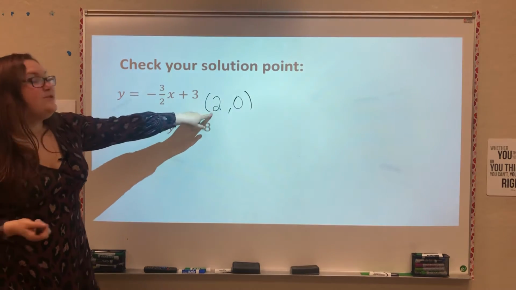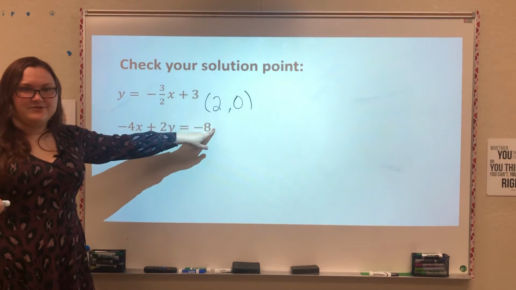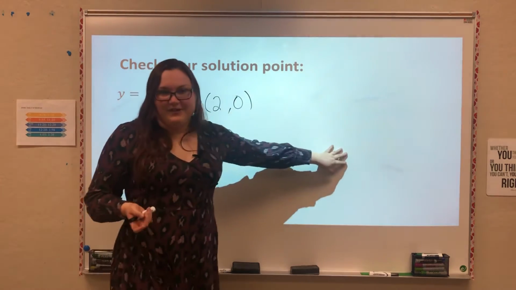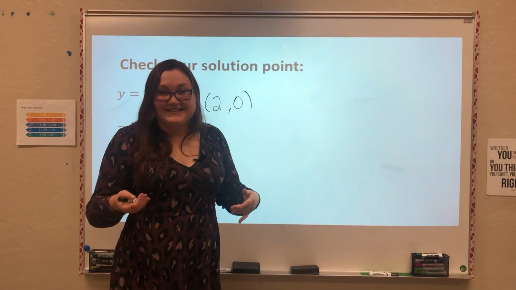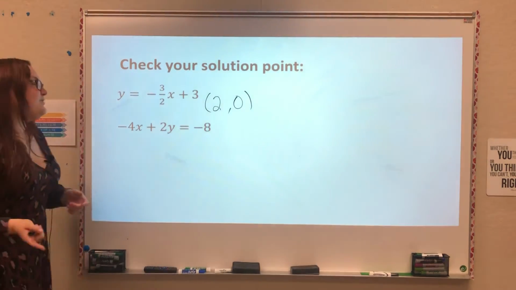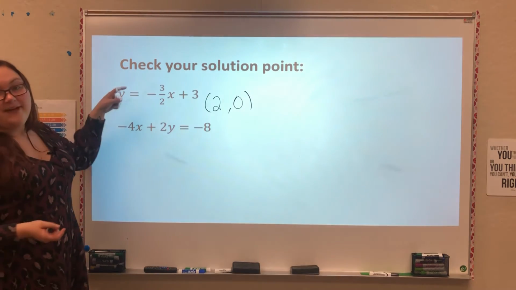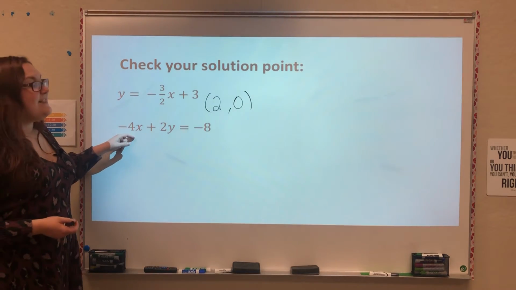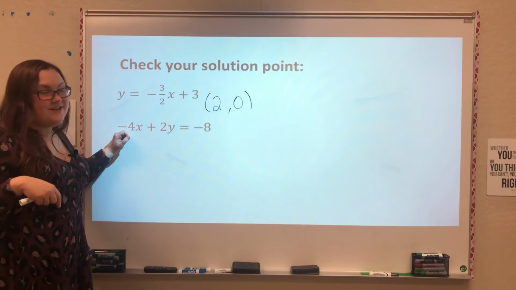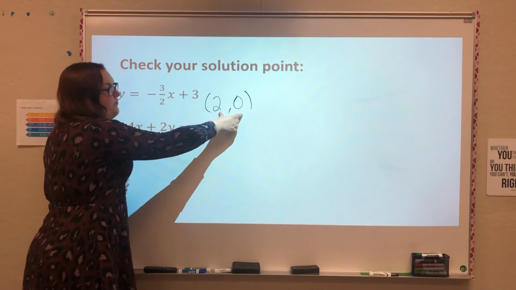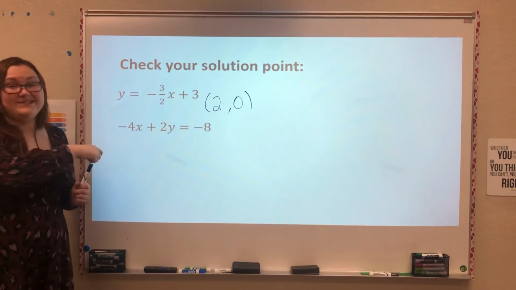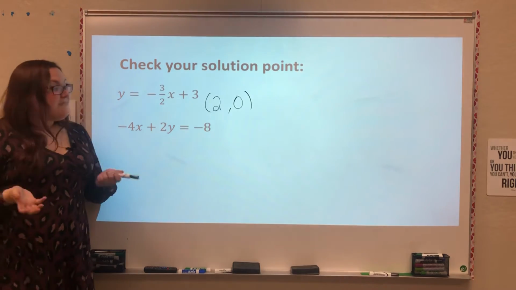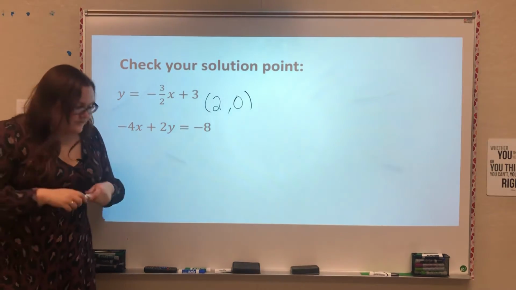Well, if this is the solution point, one thing that should be true is it should, on that graph, be the point that's on both lines. But the other thing that should be true is this point should satisfy both of these equations. That means I can check my answer by substituting our point into both of these equations, like we did yesterday, and making sure that it satisfies both of those equations.